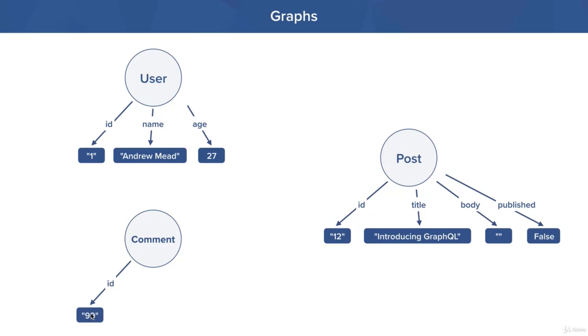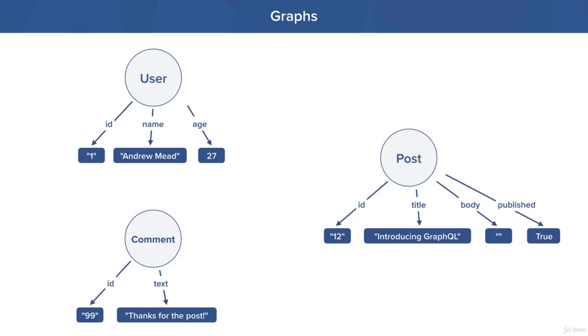This might be familiar to you if you have used any standard database, such as an SQL-based database. In an SQL-based database, you have created tables where user, post, and comment are like tables, and ID, name, age are attributes on that table.